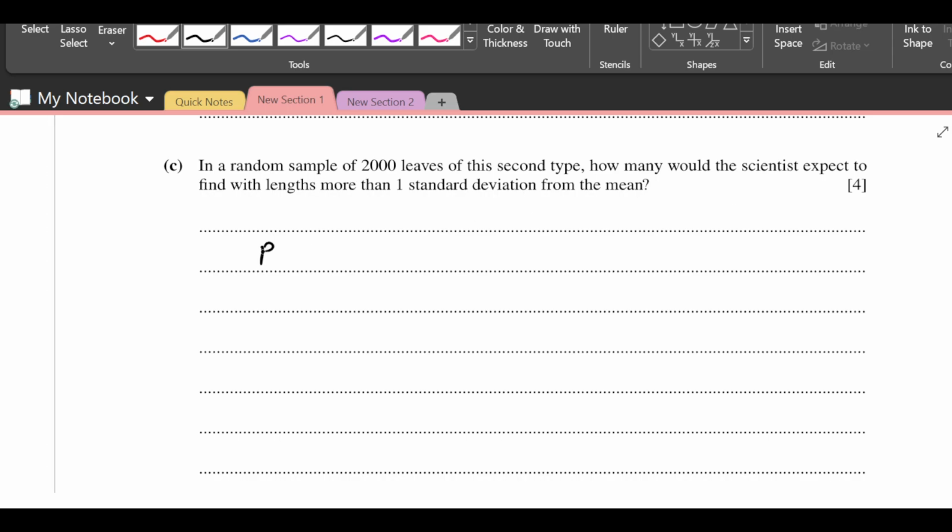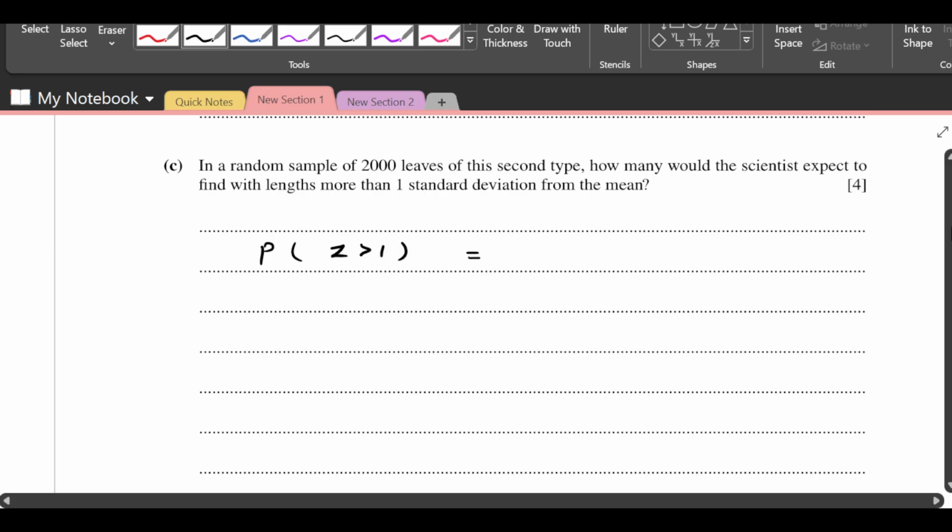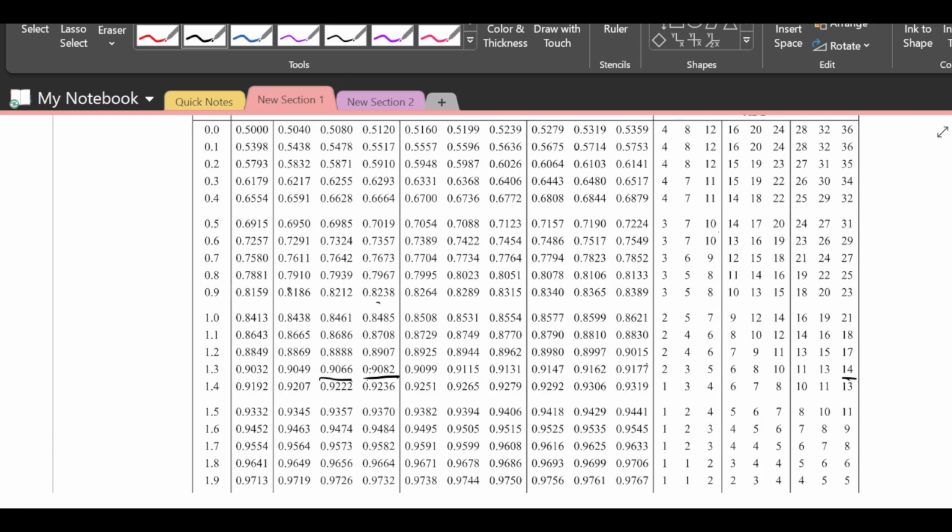So the probability of z greater than 1, I will say. Again in the chart, for 1 it is 0.8413.